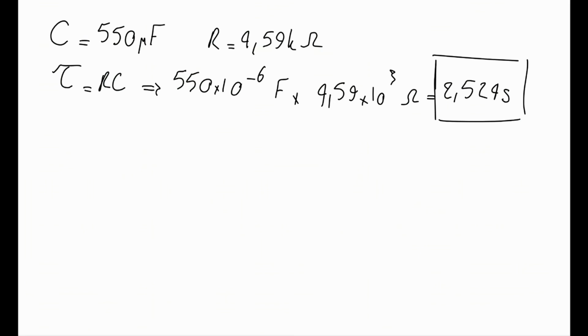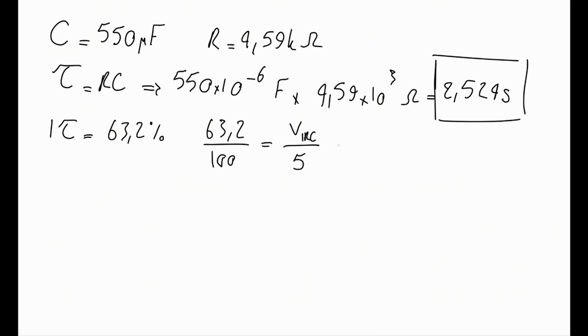So, now we expect that after one time constant, 63.2% of the maximum voltage is charged, which means that by a simple ratio, 63.2 over 100 equals the voltage of 1 RC over 5 volts. Therefore, V of 1 RC, or 1 time constant, is 3.16 volts.